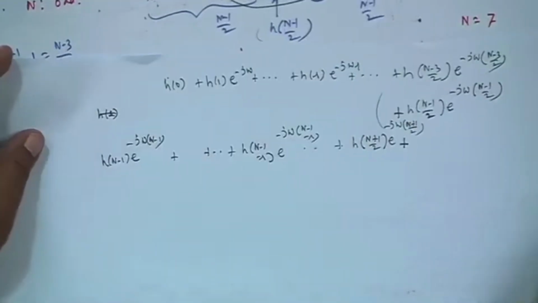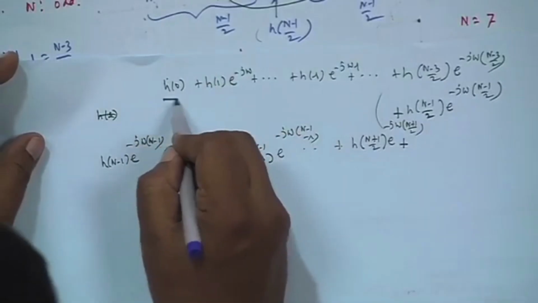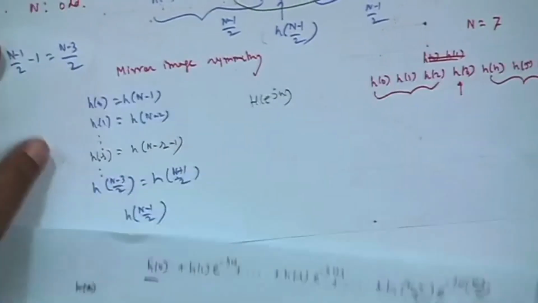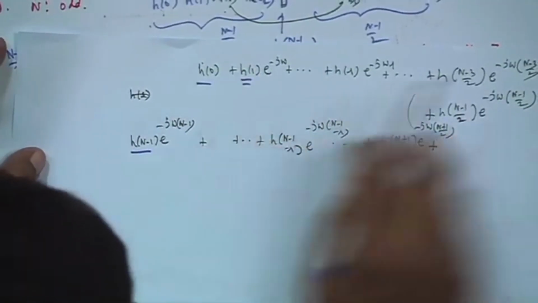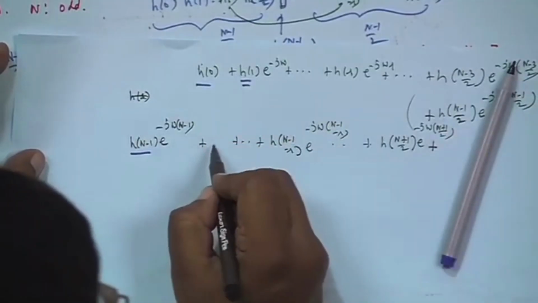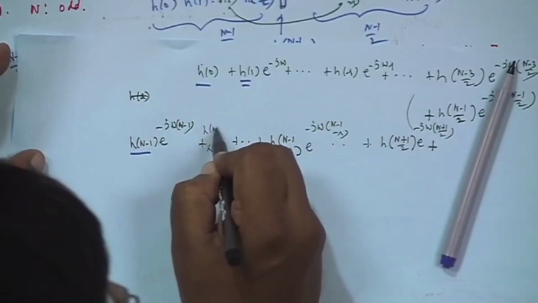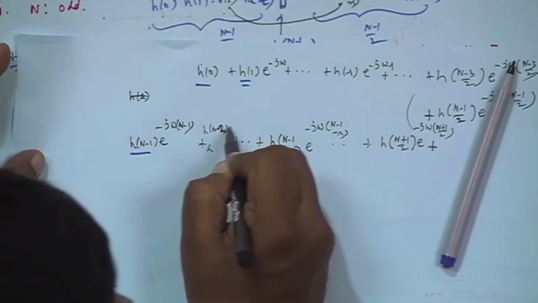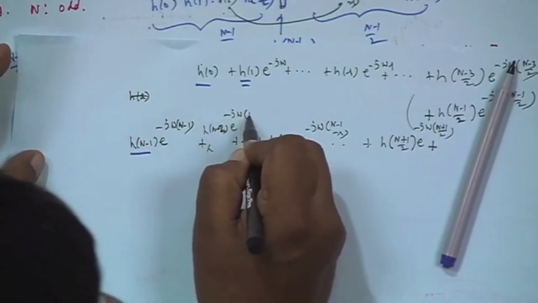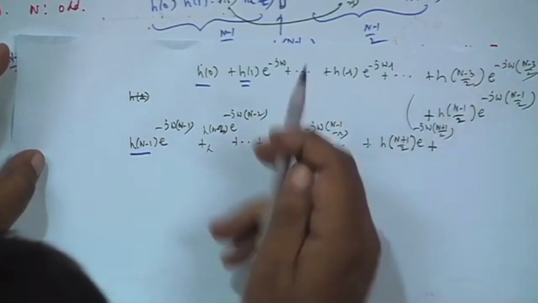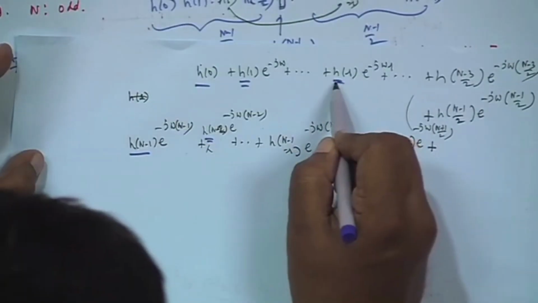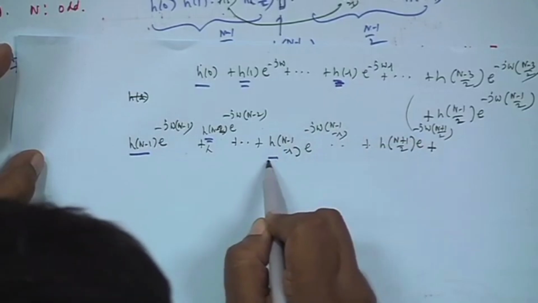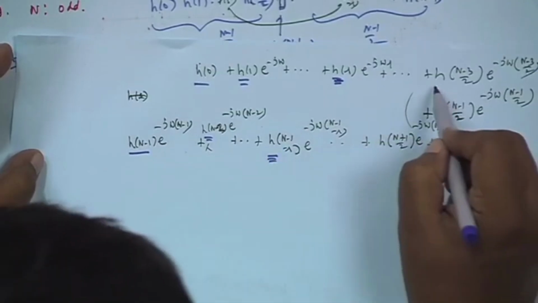And now you see, these two terms are the same by my imposition: h 0 is h n minus 1. Then this term, which I have not written here, I could have written as h n minus 2. So, these two terms are the same, h r and h n minus 1 minus r, this guy.